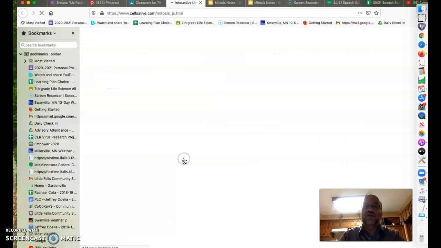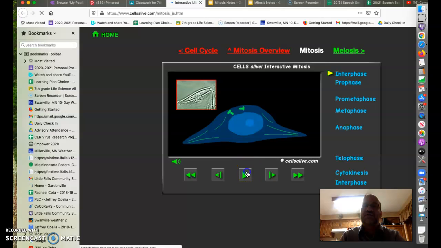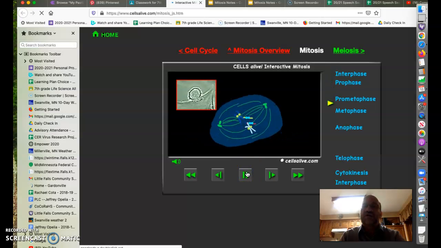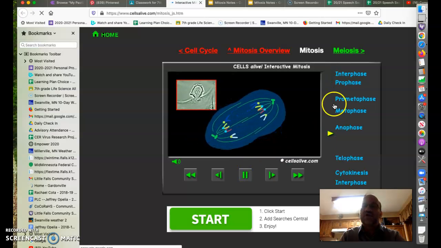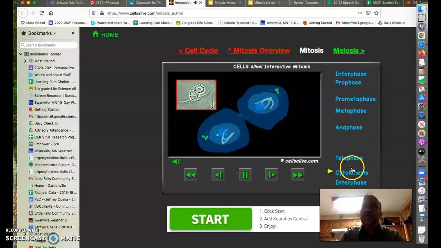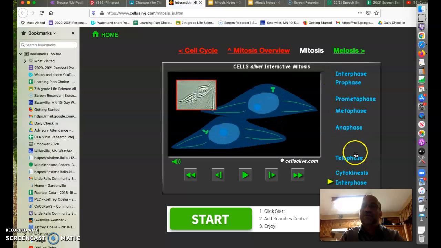Do that by looking at this particular diagram. You could take it slowly and do your very best at matching those different phases to the pictures. That was what I wanted you to do, kind of an exploration, if you will.